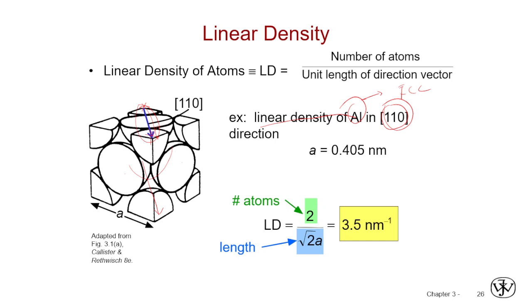So we have 2 atoms divided by the length. The length we obtain from the usual Pythagoras theorem. This is A, that is another A. So your thing will be 2A square, and then finally you'll get root 2A.